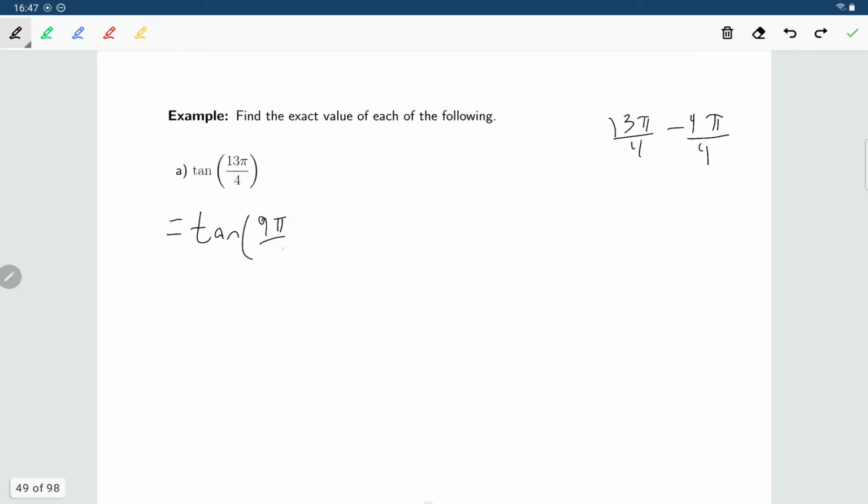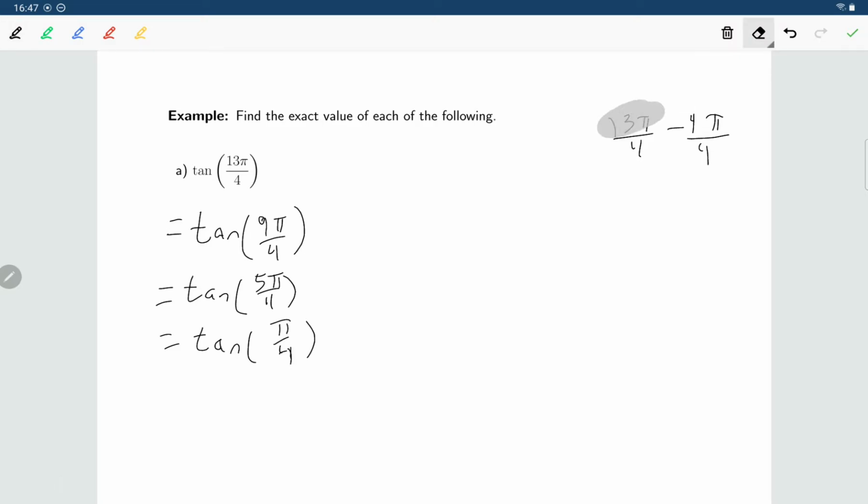And if I wanted to go back another 180 degrees, subtracting another 4 pi over 4, that would give me 5 pi over 4. And going back another 180 degrees, subtracting another pi, which is another 4 pi over 4, that would bring me back to tangent of pi over 4. So these are all exactly the same angles that I had before, just written in radians rather than degrees.